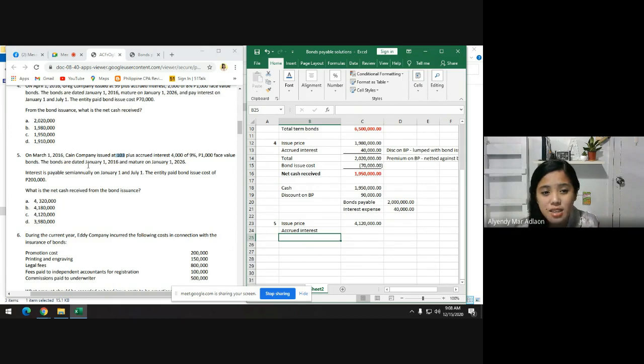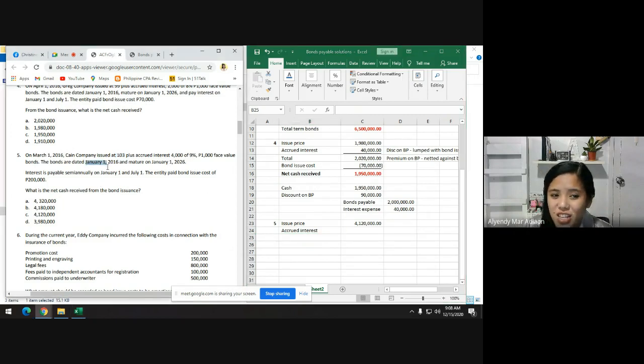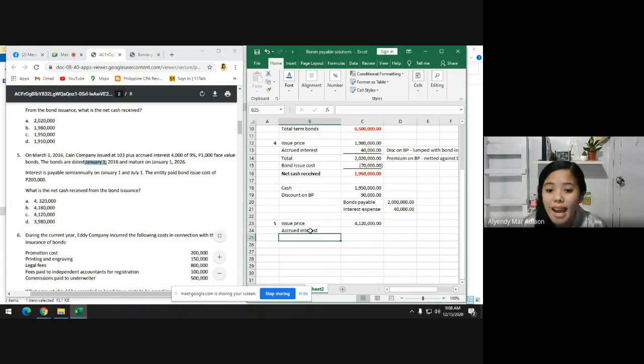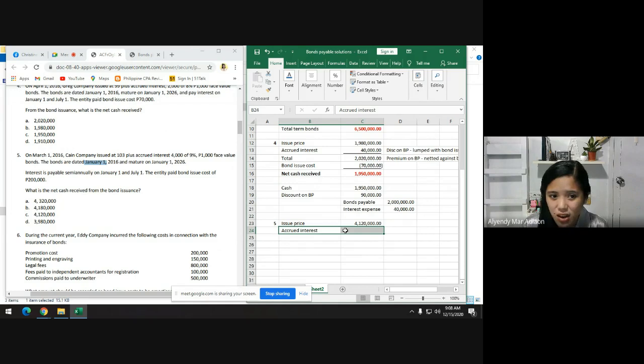Unsa gilatong interest date? That is January 1. Our date of issuance is March 1. If ever our date of issuance is also January 1, pareho sila sa interest date, wala na ning accrued interest.